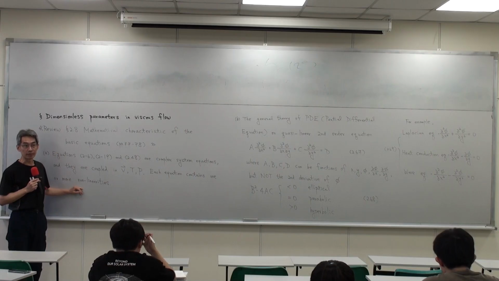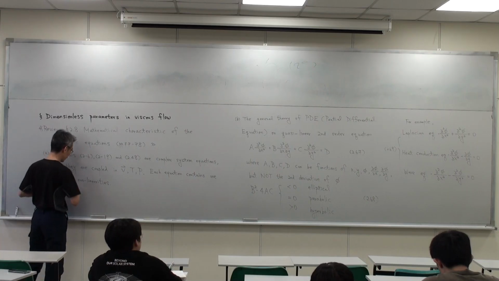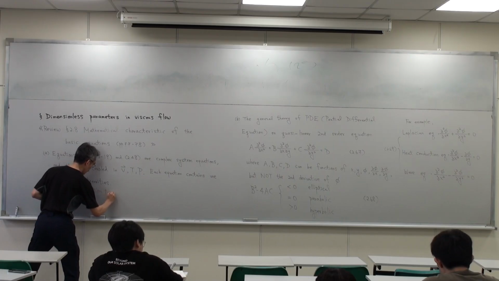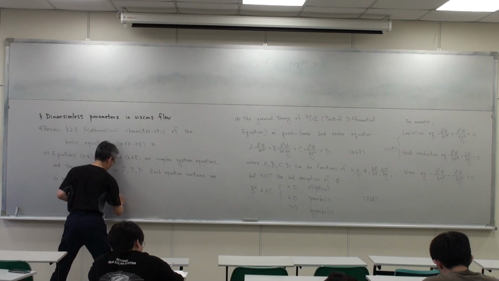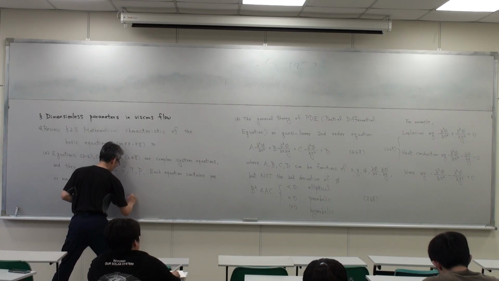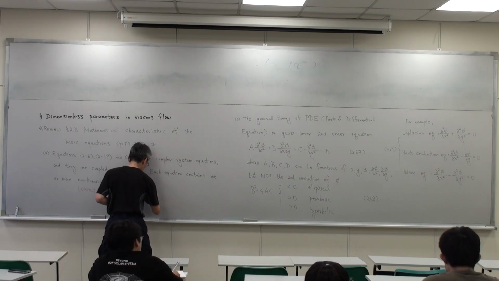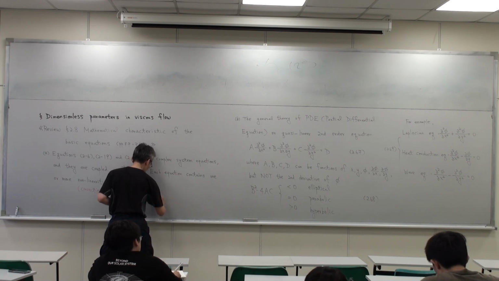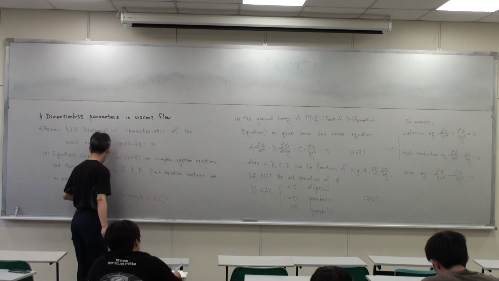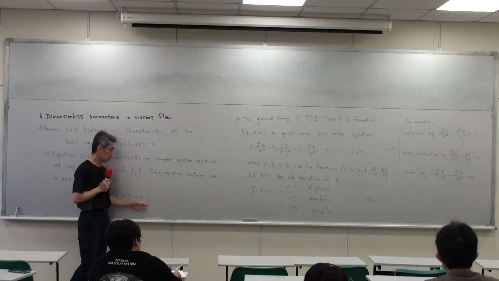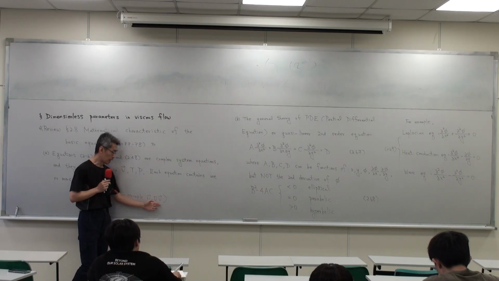Usually it's in the convection term. For example, in the momentum equation, we have a velocity and the velocity gradient.